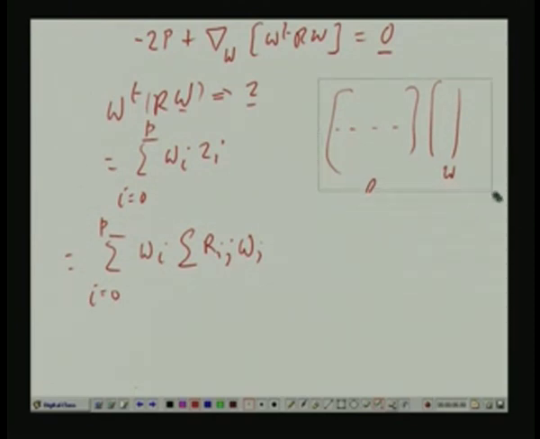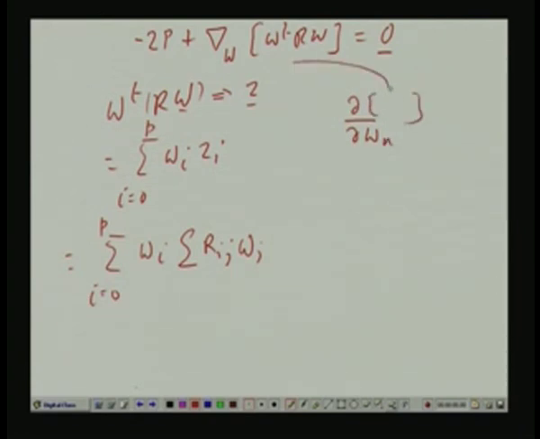Okay. All right. Now, you see, suppose you want to differentiate this quantity with respect to w k for a particular k.